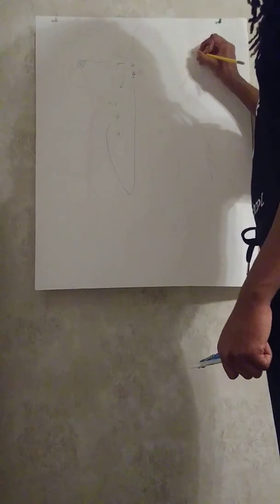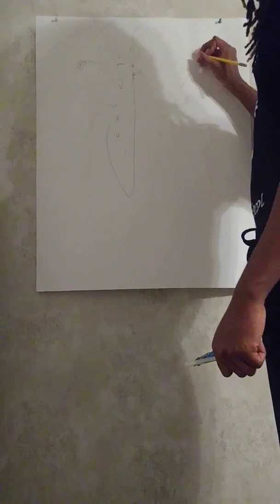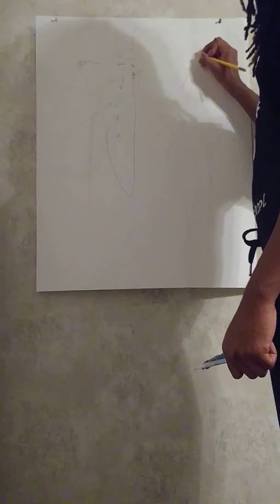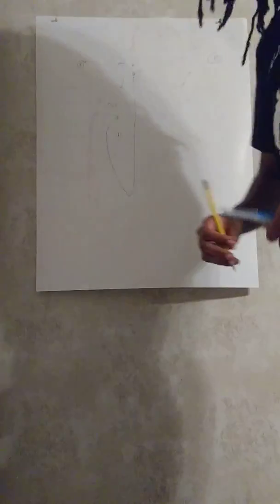And then 14 is the ascending aorta, the aortic arch, and the descending aorta. It's a mess, but yeah, here it is.